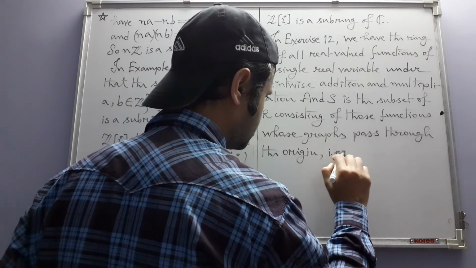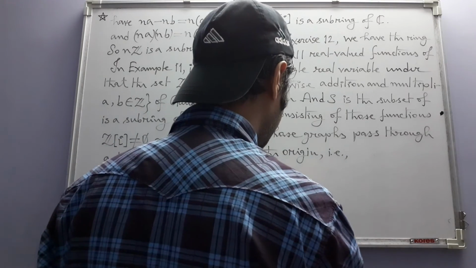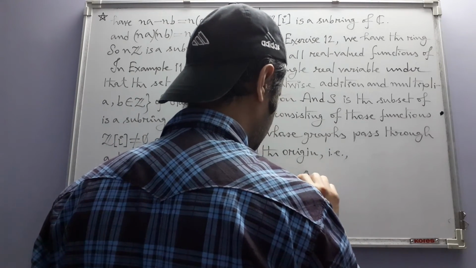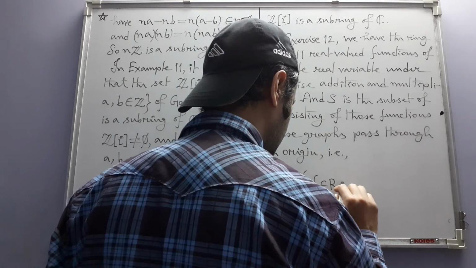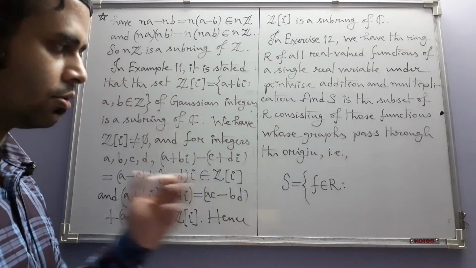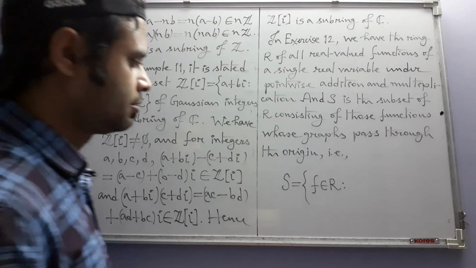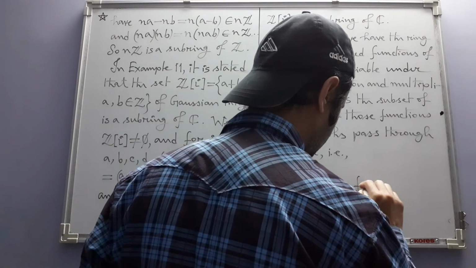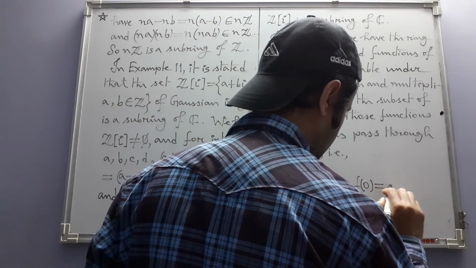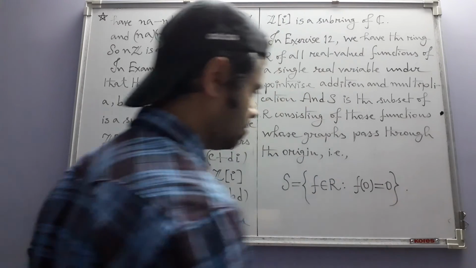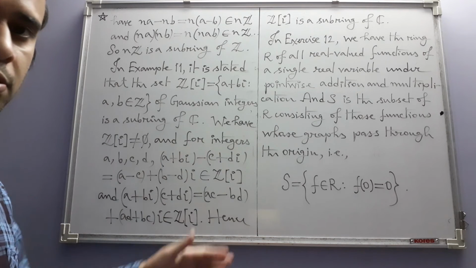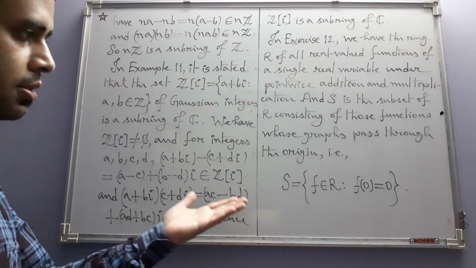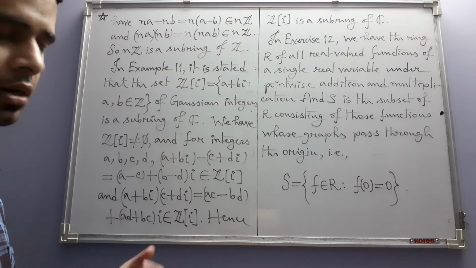That is, S looks like this. S consists of those functions from R such that f of 0 is equal to 0, because then only the graph of y equal to f of x will pass through the origin. 0, 0 is a point on the graph.